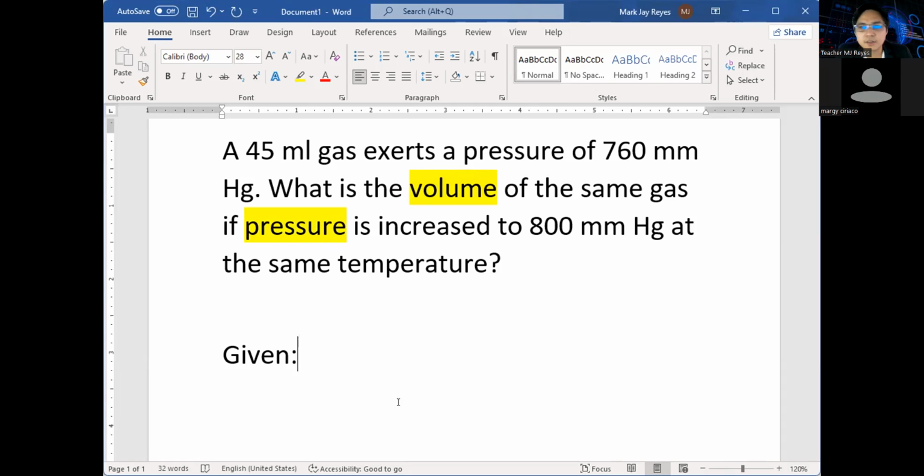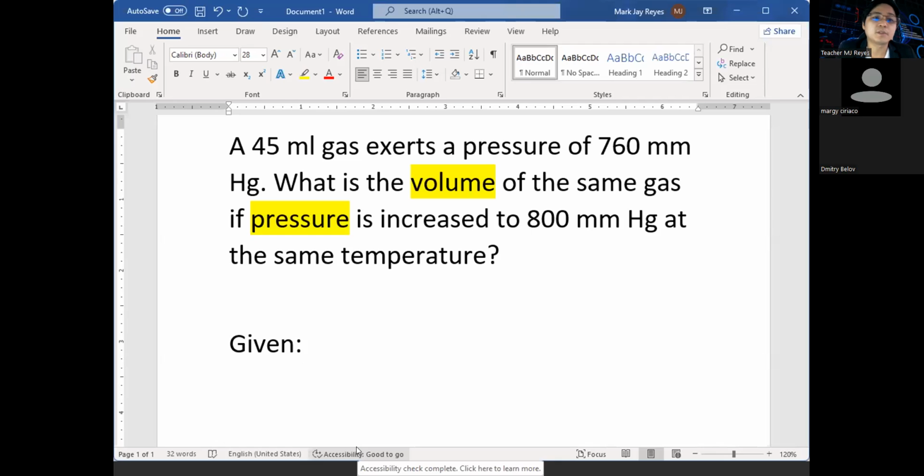Are you still with me? Can you hear me? We are done with the discussion, correct? What law corresponds to volume and pressure? Because the problem is talking about volume and pressure, correct? Volume and pressure everywhere.